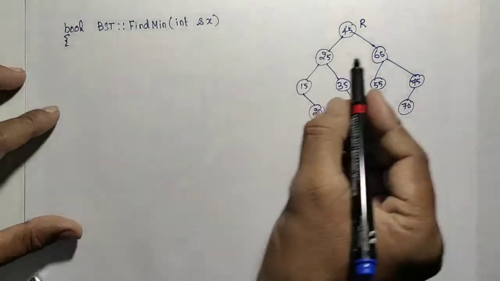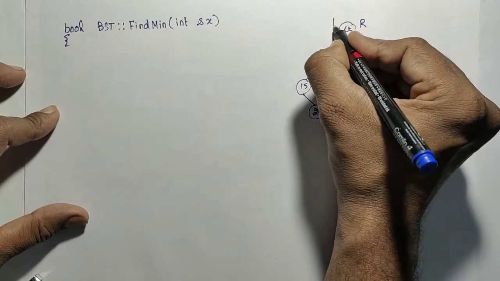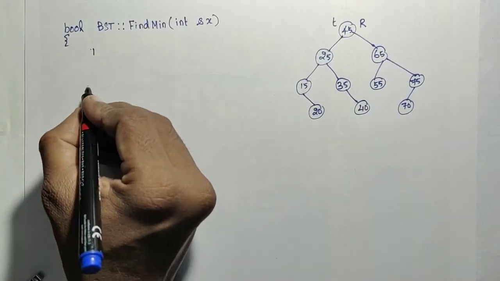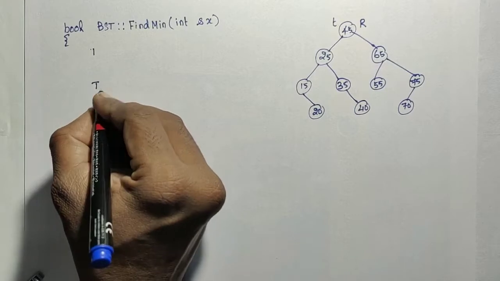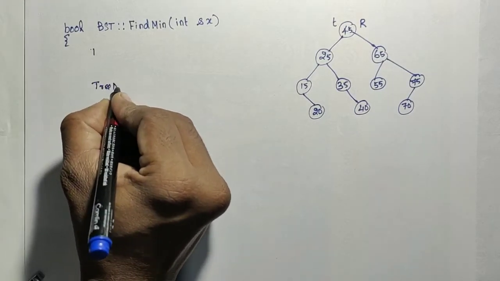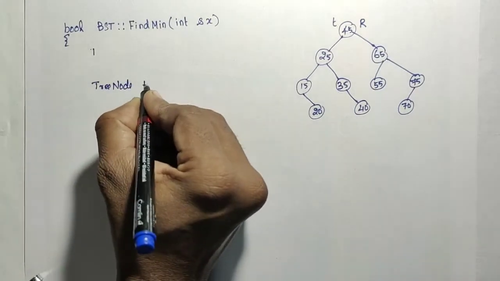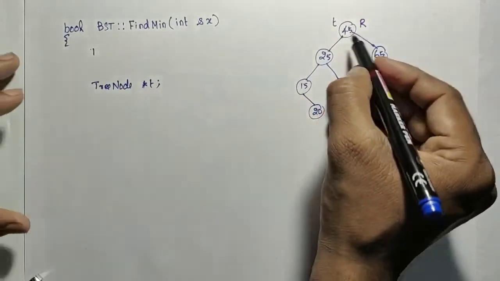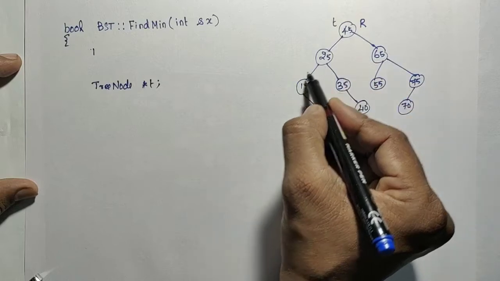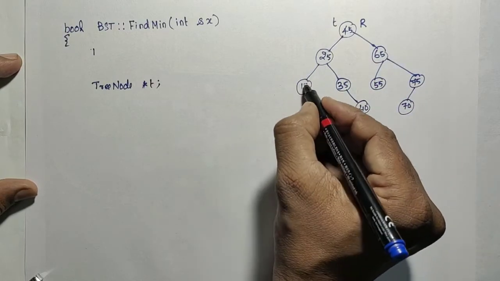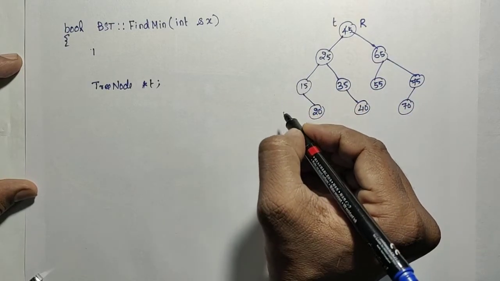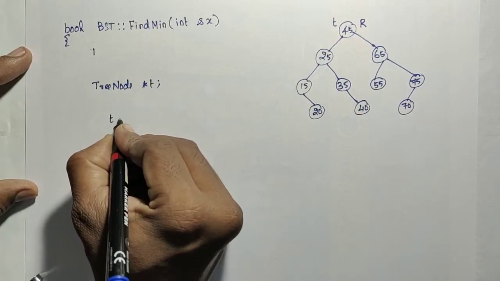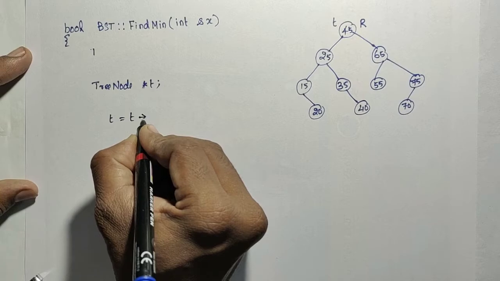So I need to start with a temporary variable t, which is a tree node star t, and then keep moving t to the left side until that node's left equals null. So I need to keep on moving t equal to t of left.